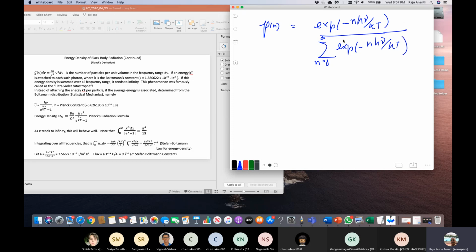So this will be a probability distribution of having n particles in a particular volume.